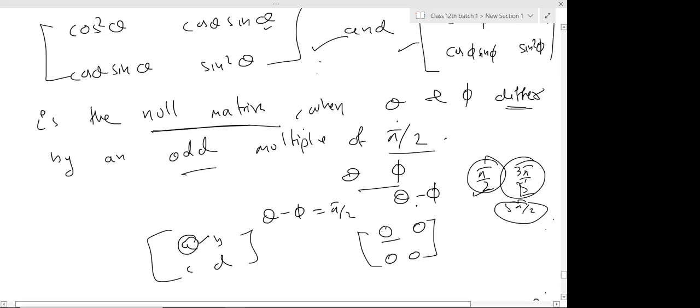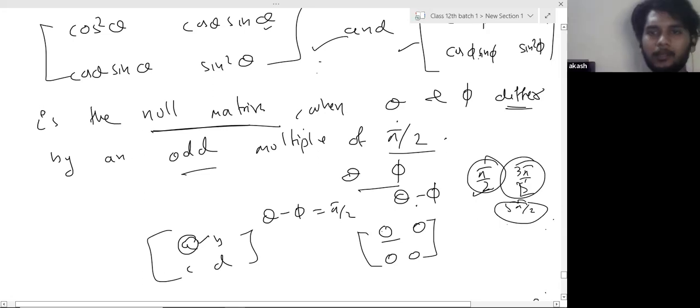So can you scroll up? Give me a minute. The pen tab is scrolling up or down, I don't know. Yeah, up.